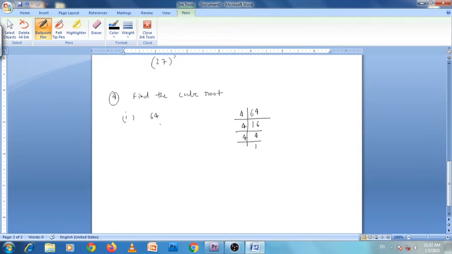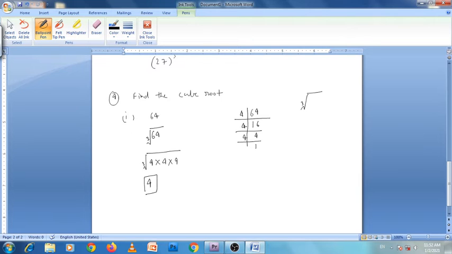So this will be written as cube root of 64. This is the sign of cube root. So we can write it in this way: 4 into 4 into 4. So one 4 will come out of this cube root, so cube root of 64 will be 4.